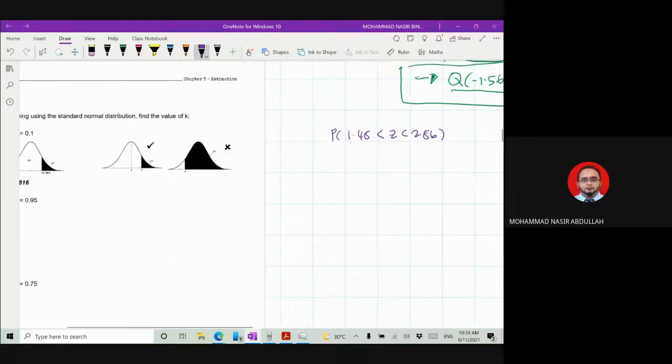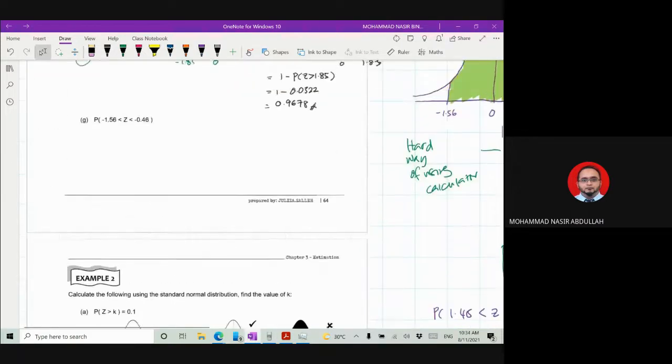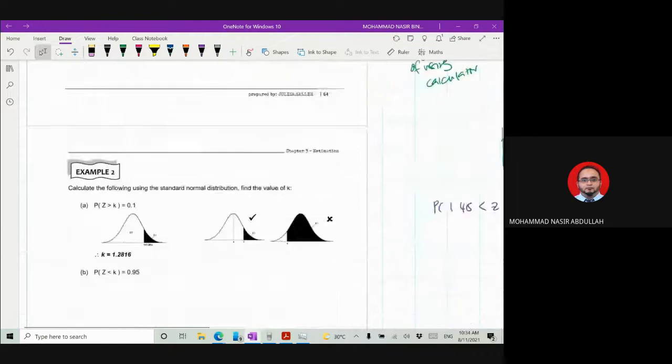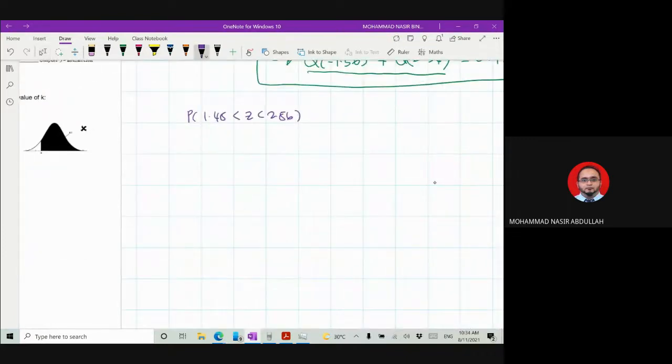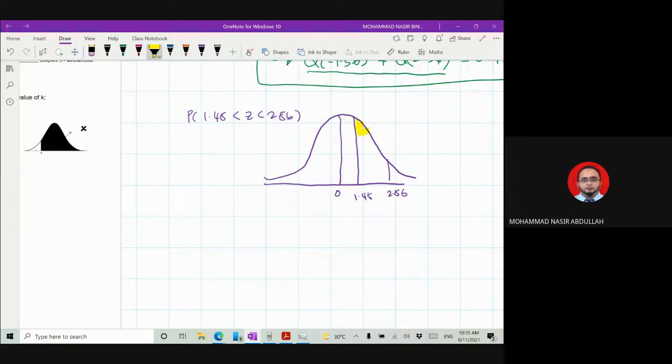Is it? Yes. So this one is quite different. So we want to find this area. Instead of having the middle, we want to find the area to the right. So this is 1.45 and this is 2.56, right? So we want to find this area.